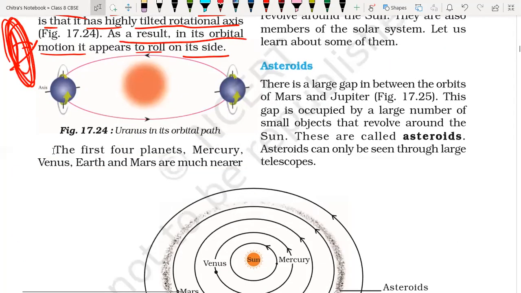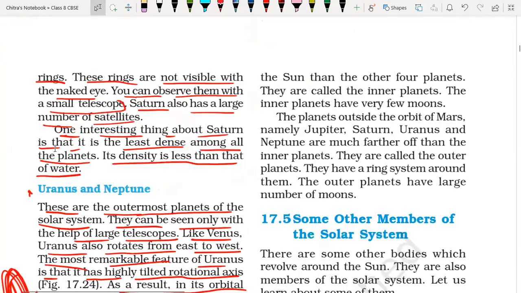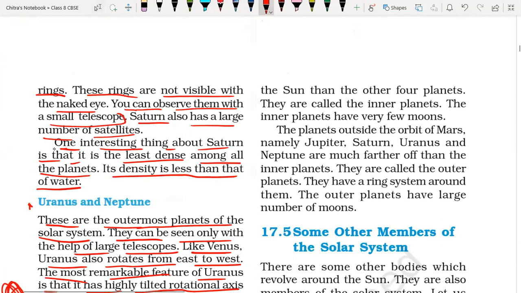The first 4 planets, Mercury, Venus, Earth, and Mars, are much nearer to the sun. Hence they are very close to the sun. They are called inner planets. Just remember, what are inner planets?